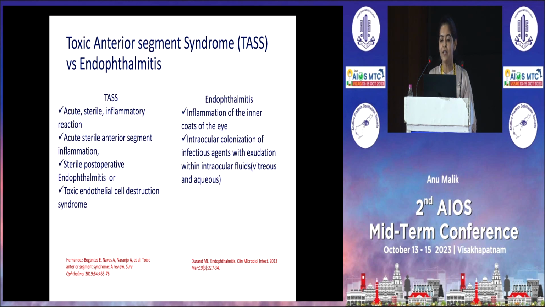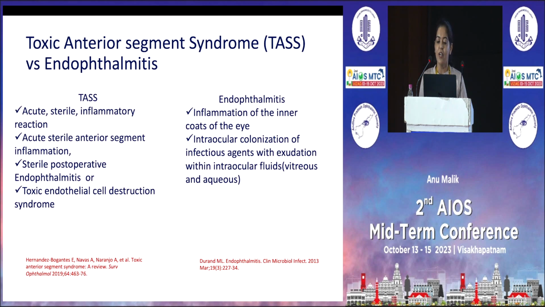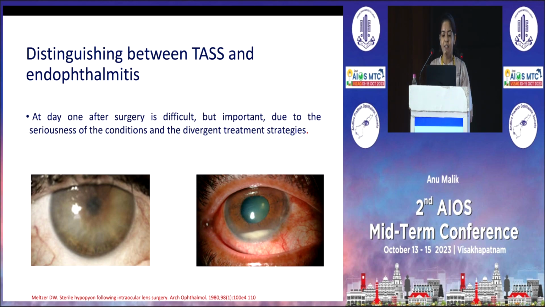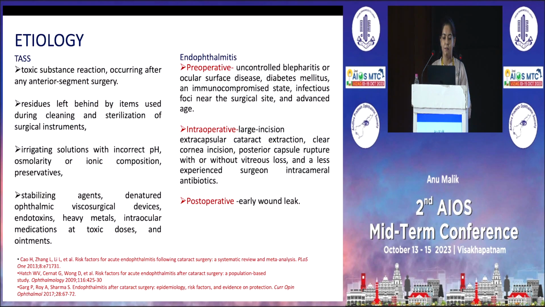As we all know, endophthalmitis is inflammation of the inner coats of the eye with intraocular colonization of infectious agents with exudation within the intraocular fluids. Both of these are bewildering entities, and at day one after surgery, it is very difficult to distinguish between them. But it is very important due to the seriousness of the conditions and the divergent treatment strategies.